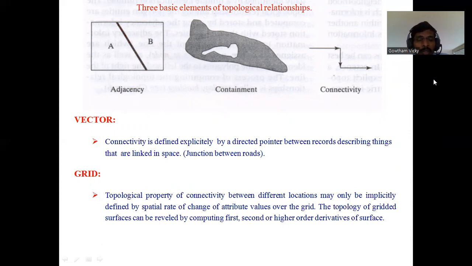And the grid system is defined as follows: topological properties of connectivity between different locations may only be defined by spatial rates of change of attribute values over the grid. The topology of gridded surfaces can be revealed by computing first, second, or higher order derivatives of surfaces.